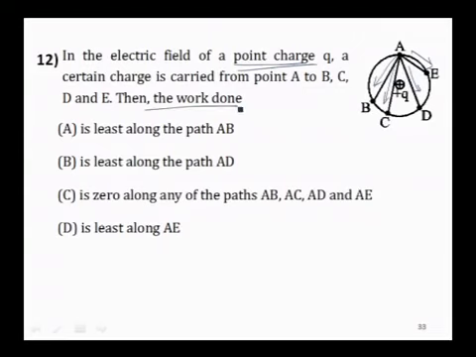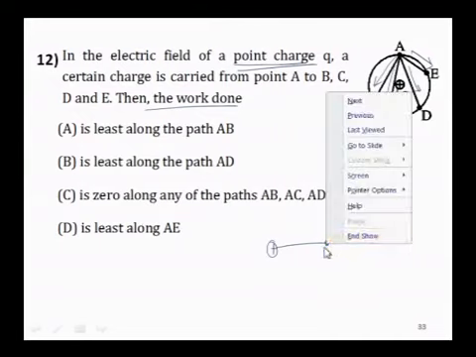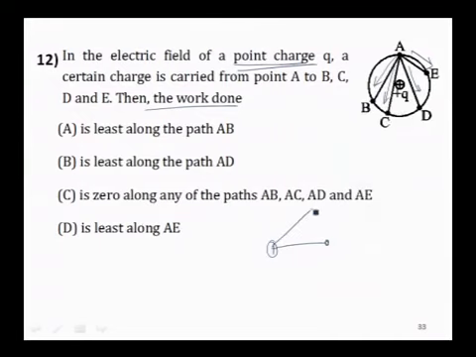Then the work done. Notice that this is a circular path and the given point charge is at the center. If you have any point charge, then at some distance you have a potential, and because potential is a scalar, it does not depend on the direction. So wherever you go at that distance, potential will be the same.